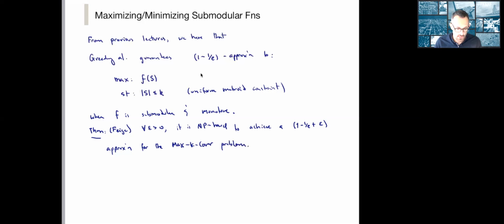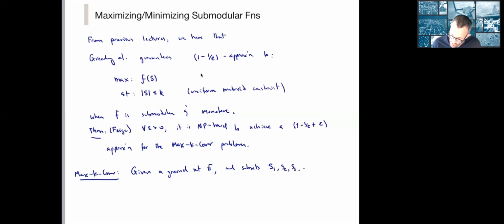Let me tell you what the max k cover problem is. Given a ground set E, some finite ground set as usual, and now given subsets of E, S1, S2, S3, with no assumptions about whether or not these have intersection or not.